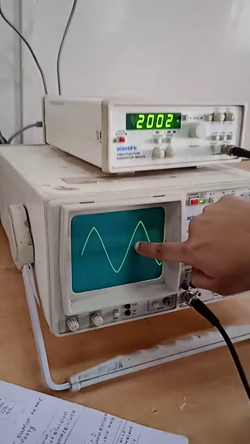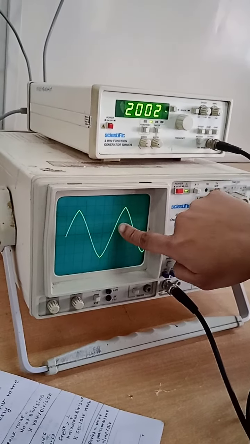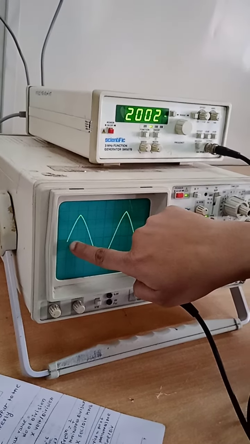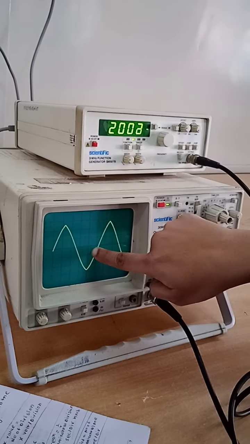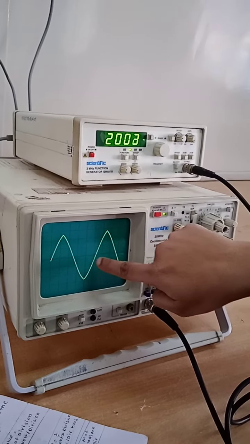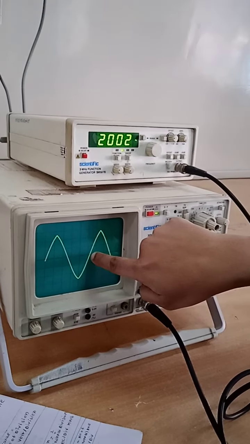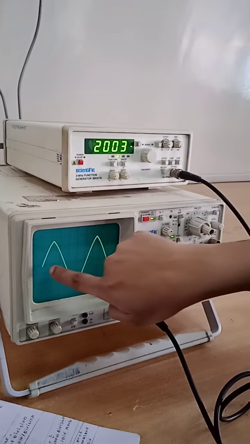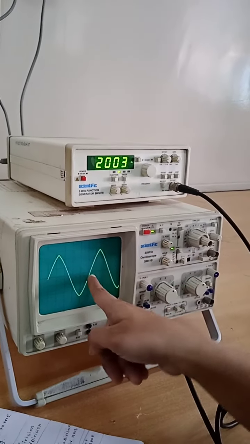Here 1, 2, 3, 4, 5 blocks are fully covered by the one cycle, and one line is there, and the value for one line is 0.2. That is 5.2 divisions for the time period.